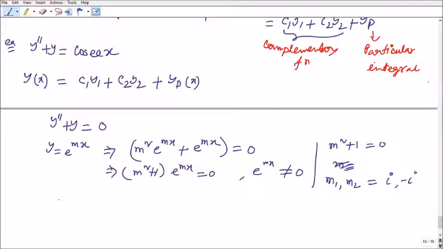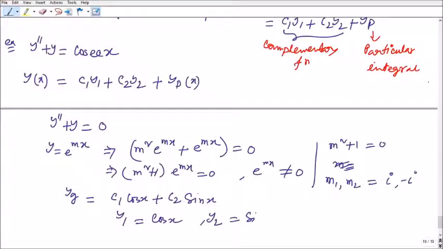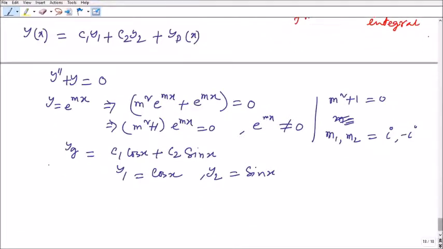So the general solution of this homogeneous differential equation is c1 cos x plus c2 sin x, where y1 equal to cos x and y2 equal to sin x. These are two independent solutions of this homogeneous differential equation. Now we have to calculate yp.